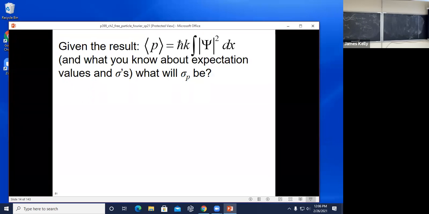Okay, now let's think about what that tells us about the expectation value of momentum, and also what the uncertainty or standard deviation in the momentum distribution will be. In particular, you're trying to think of what the uncertainty in momentum would be according to that, given that simple result for those two.